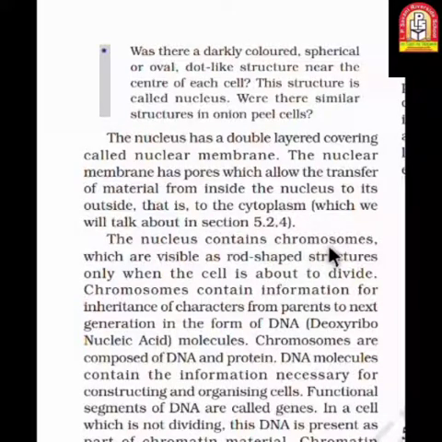That is the chromosomes, which are visible as rod-shaped structures only when the cell is about to divide. It means cells have a nucleus, the nucleus has chromosomes, and chromosomes appear as rod-like structures when there is cell division.